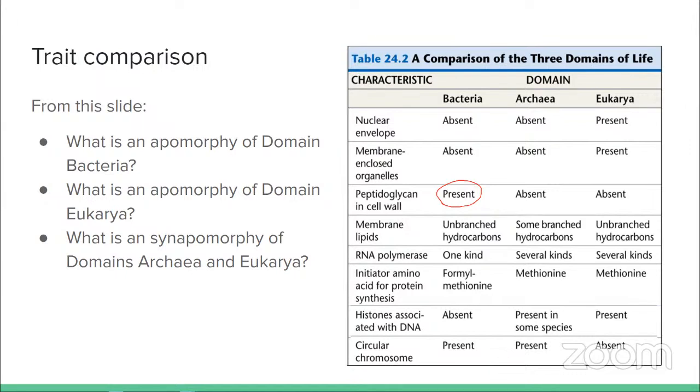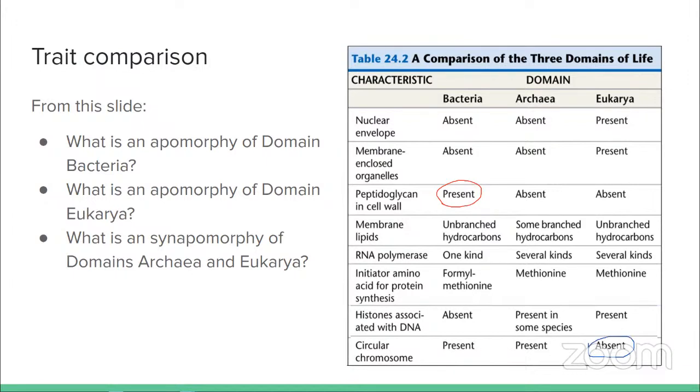So we expect that it evolved due to some mutation that was present only in the last common ancestor of this group, but not in the other group. Okay. So what about domain eukarya? What apomorphy or apomorphies can we see there? Okay, yeah, so we see absence of a circular chromosome in eukarya.